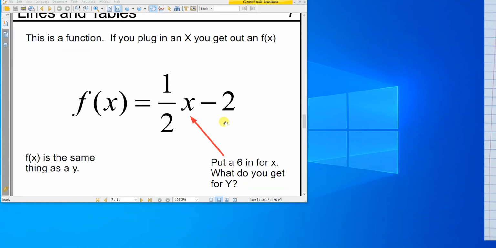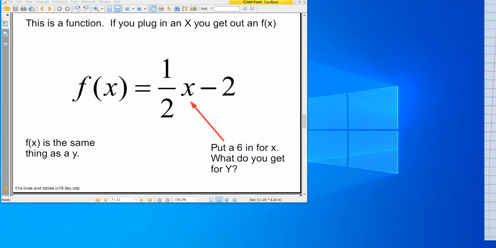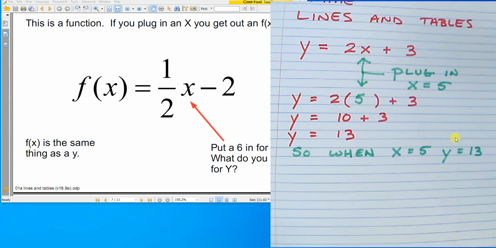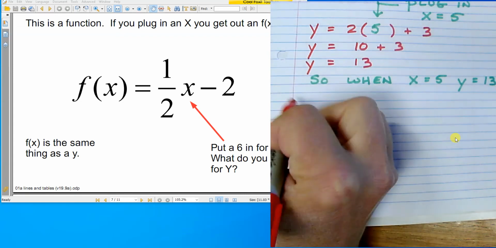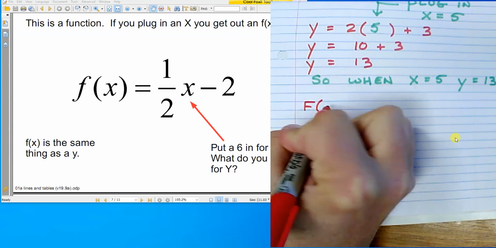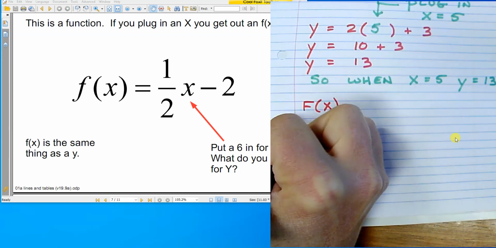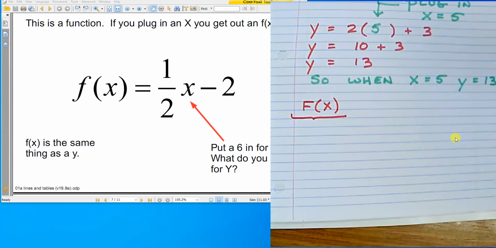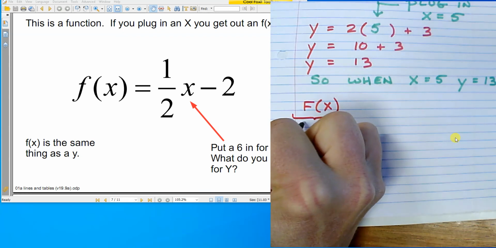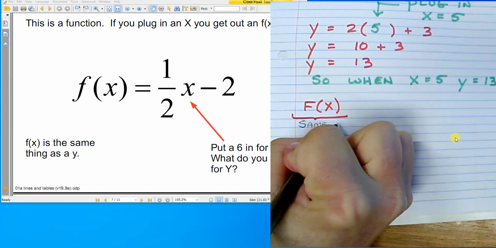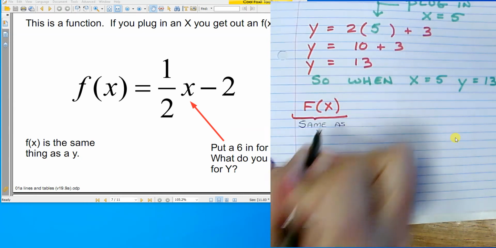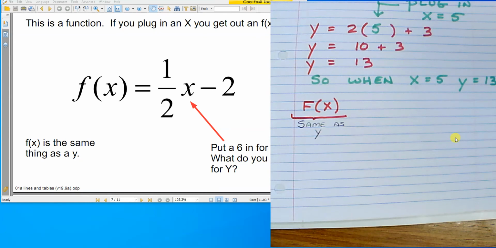Now we can do it again with a different function. This function has a fraction in it. Not a big deal. And also, this time I'm using an f of x. This is the same as a y. So instead of writing a y, I wrote an f of x.